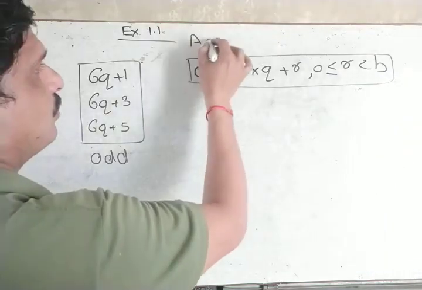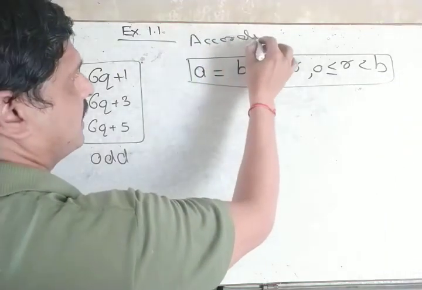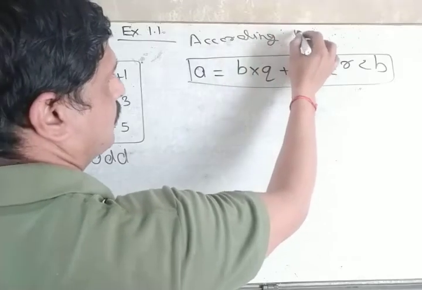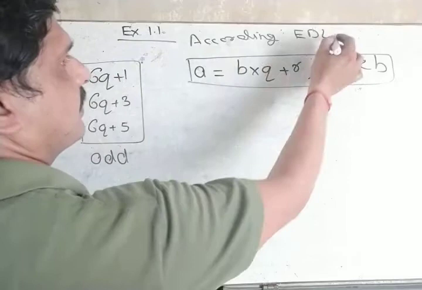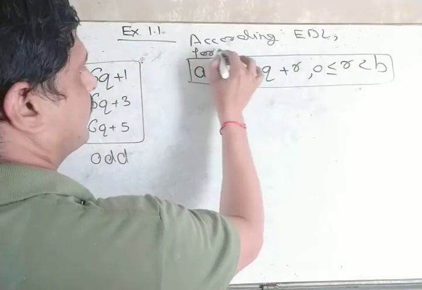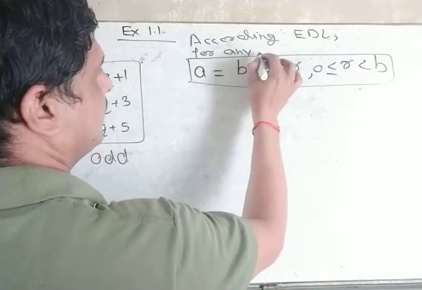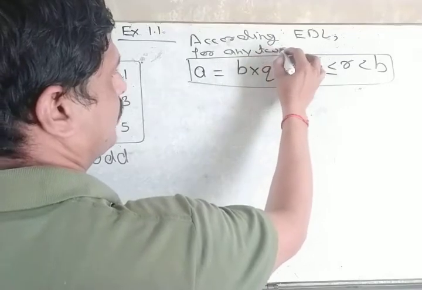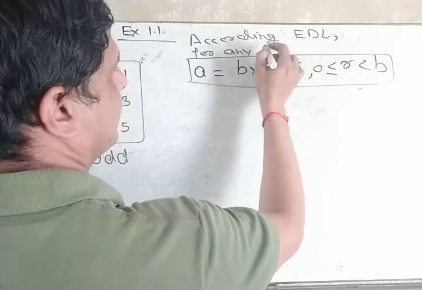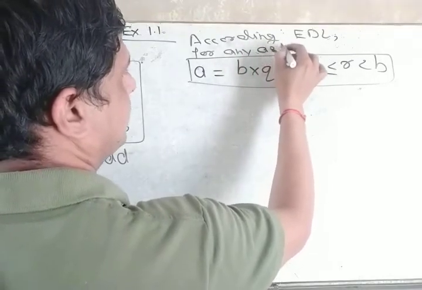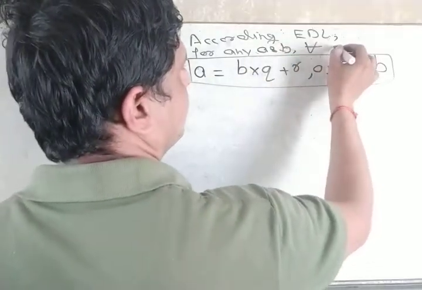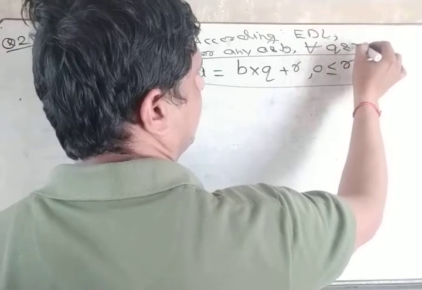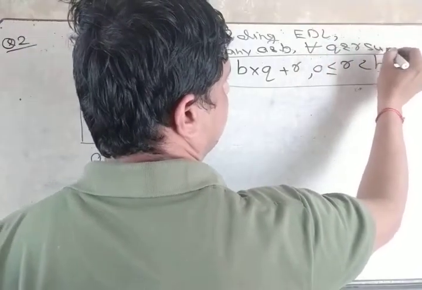According to Euclid division lemma, for any a and b there exist q and r such that you have to write this.